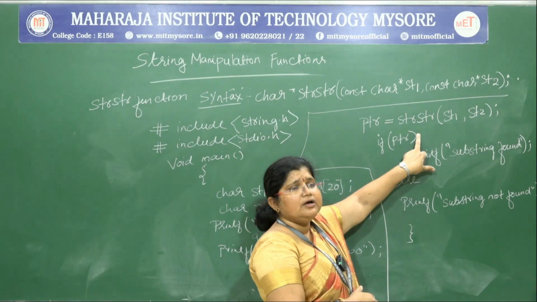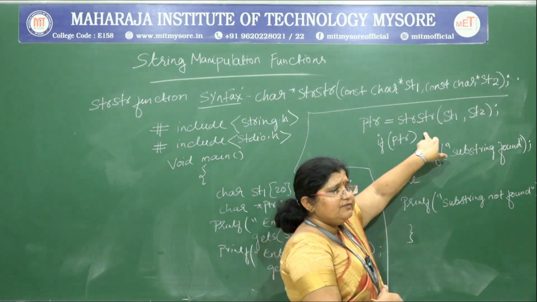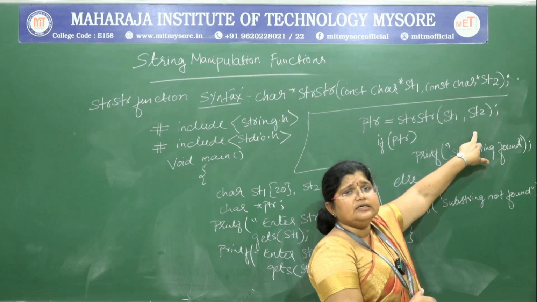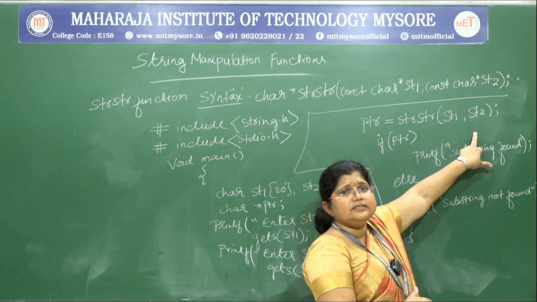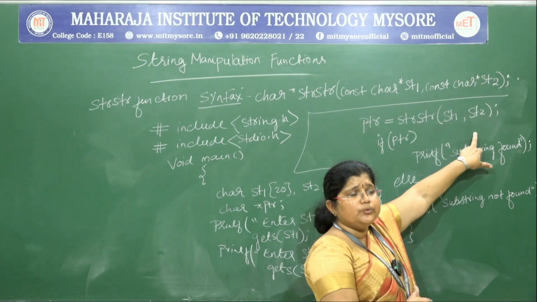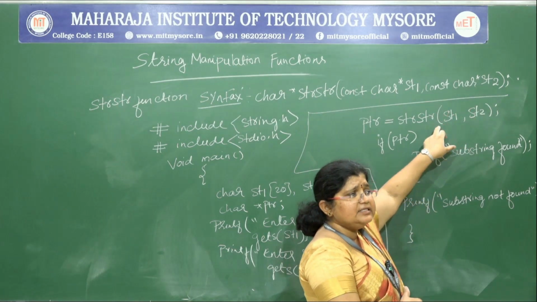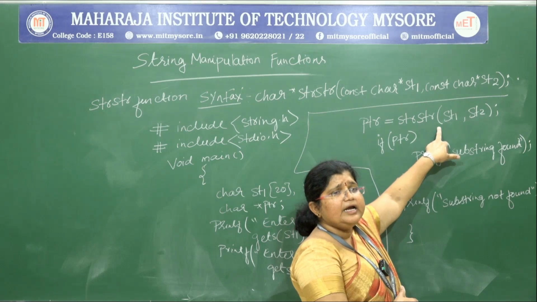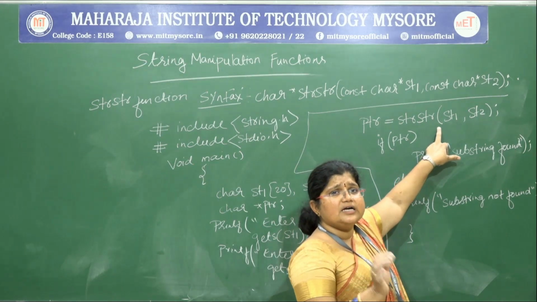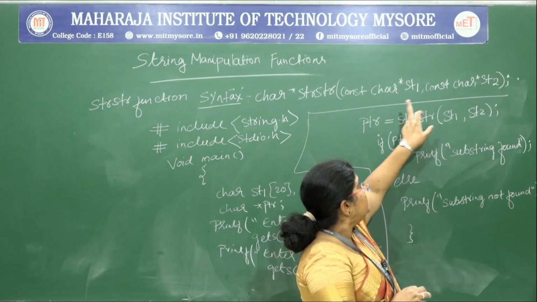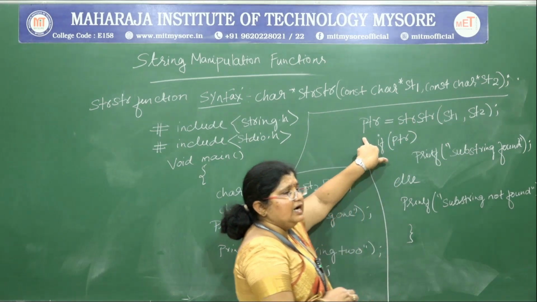In this function, what happens is it is going to check whether the starting letters of string 2 are present in string 1. Then it returns the first occurrence pointer to ptr.